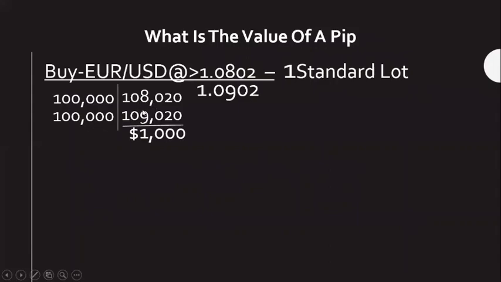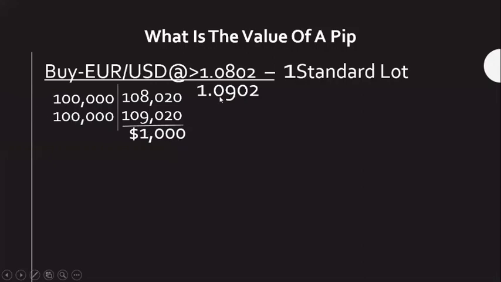So the price moved to this amount, and we're having your 100,000 units. The price changed due to the exchange rate. So if you minus this value from this, you actually get this $1,000 profit. That was what actually happened.